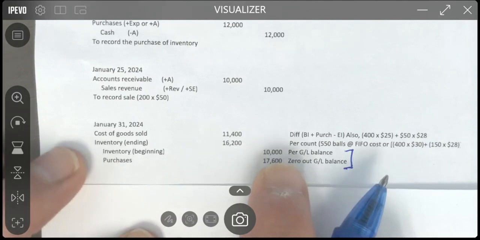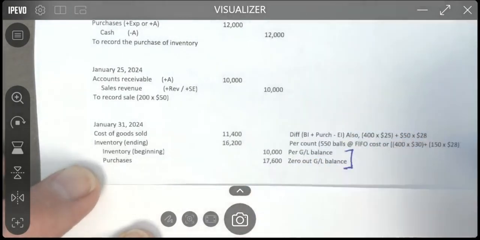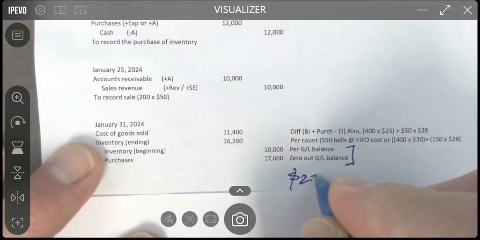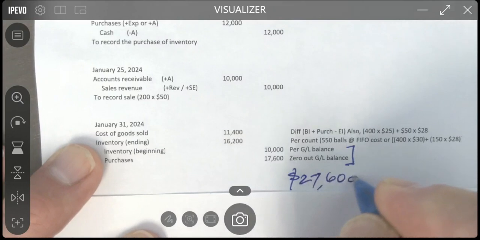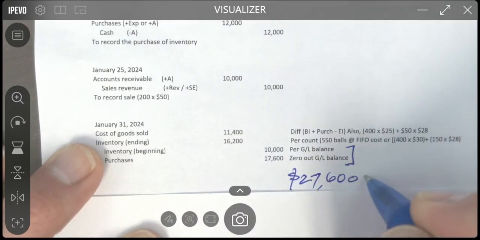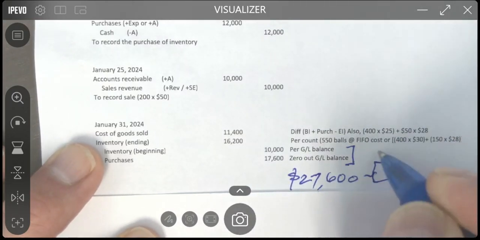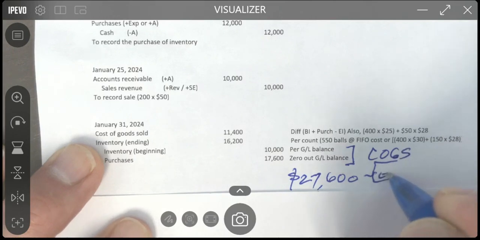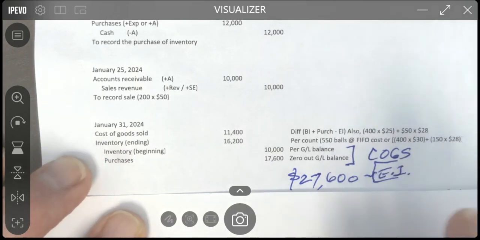We then are going to divide that 27,600 cost of goods available for sale between cost of goods sold and ending inventory.